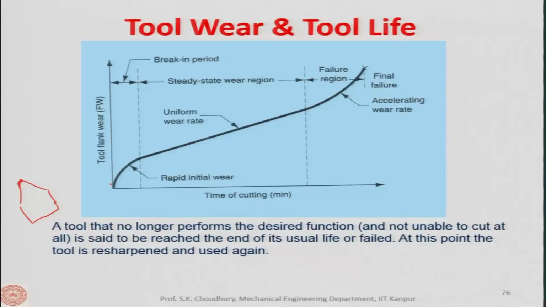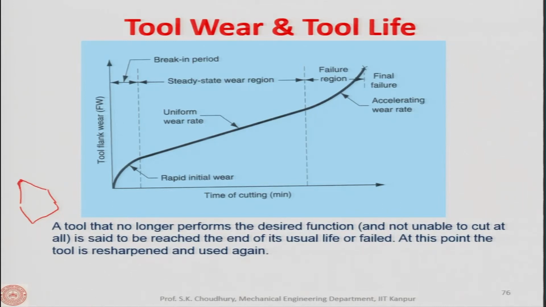Either it breaks or it gets a little radius because of the rubbing, and the flank wear goes very high. So, this is the initial break in period, and then as the time progresses, the wear goes very uniformly.